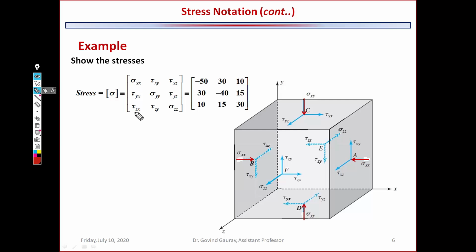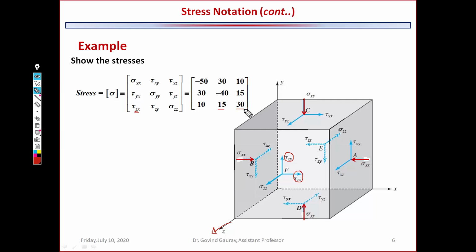Now the stresses represented by the third row are the stresses acting on the z plane. So this one is the z plane in the z direction. In this case, the value of tau zx is given as 10, so it is acting in the positive direction because it is acting along the positive x direction. The value tau zy is again acting in the positive y direction, so it will be termed as positive.